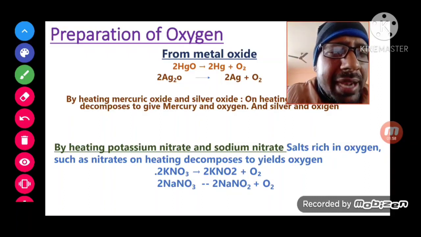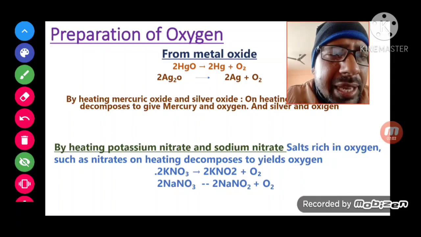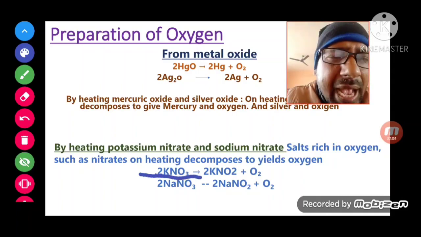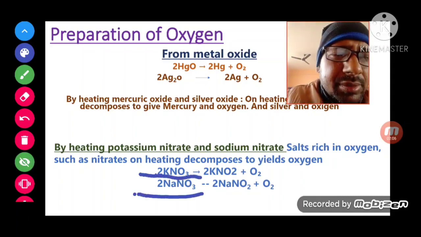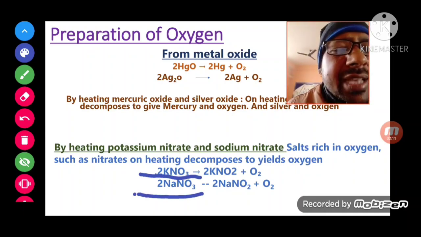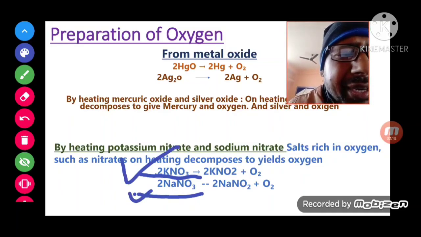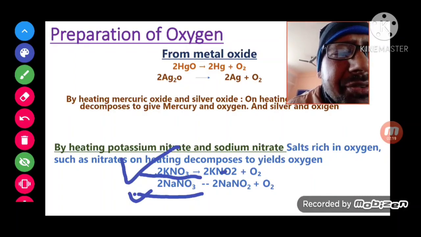Whenever potassium nitrate, KNO3, it is very clear, and NaNO3, that is called sodium nitrate. First one is that potassium nitrate, and second one is that sodium nitrate. And on heating you will get potassium nitrite.